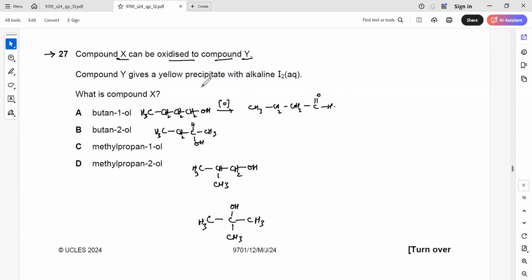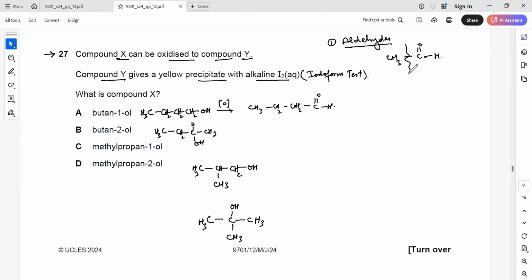And remember, they are saying compound Y gives a yellow precipitate with alkaline aqueous I2. That is actually the iodoform test. In case of aldehydes, you have to remember that only ethanal is the aldehyde which gives the iodoform test.